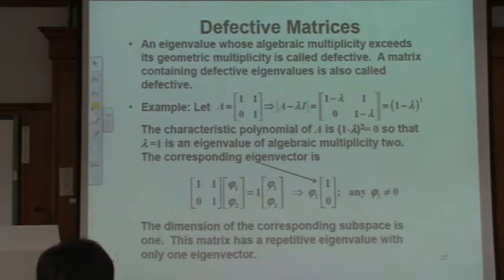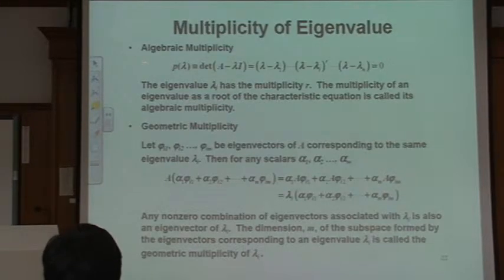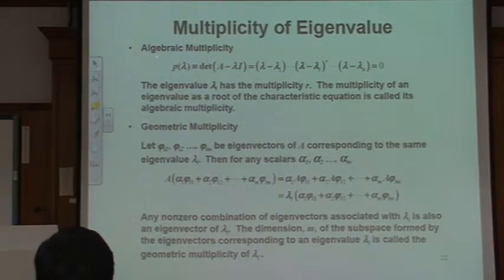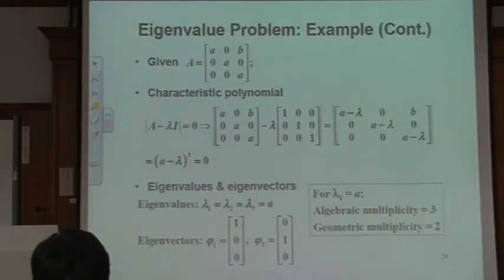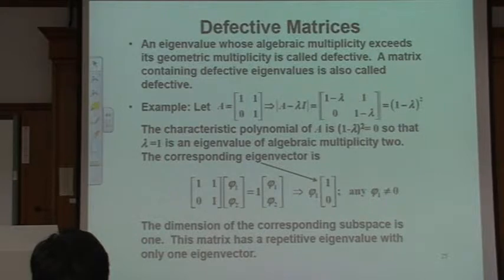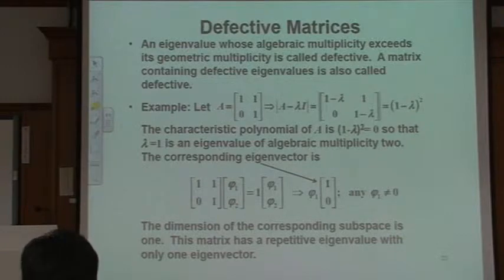And why do we have to define these two multiplicities here? Because we found that some matrices are not perfect. Some matrices cannot always give you distinct eigenvalues. Some matrices have repeated eigenvalues, and in this case we give another name for this kind of matrix.